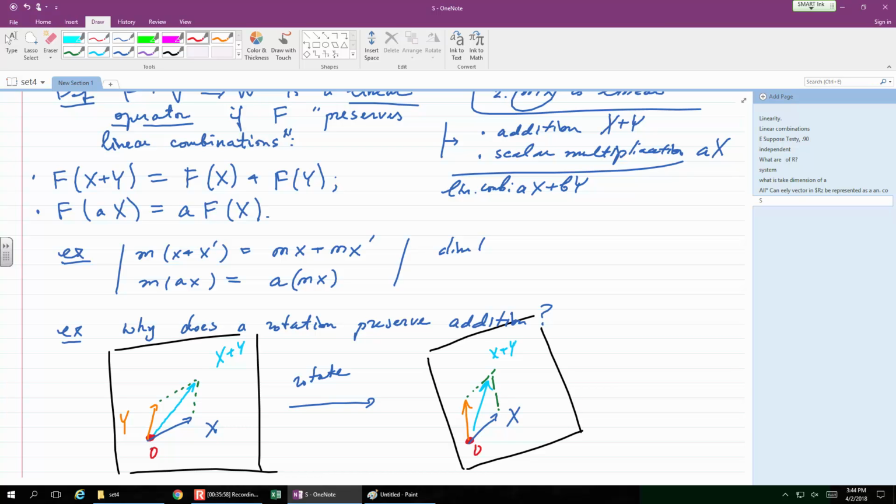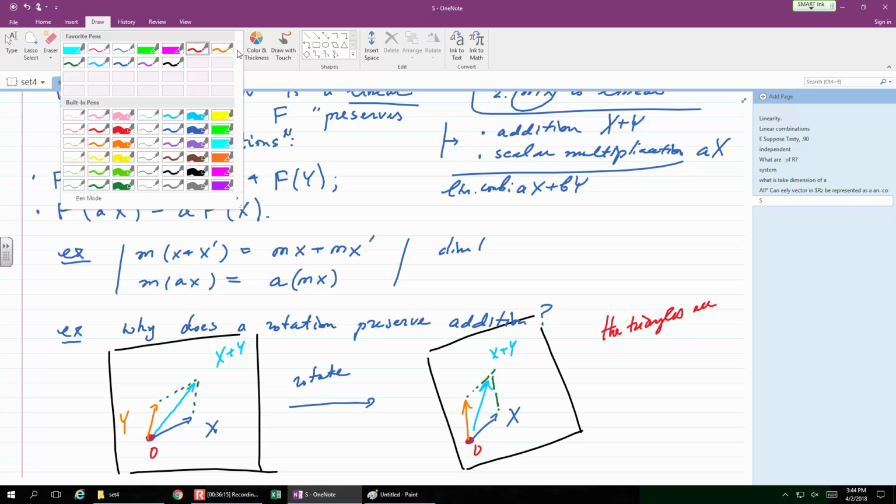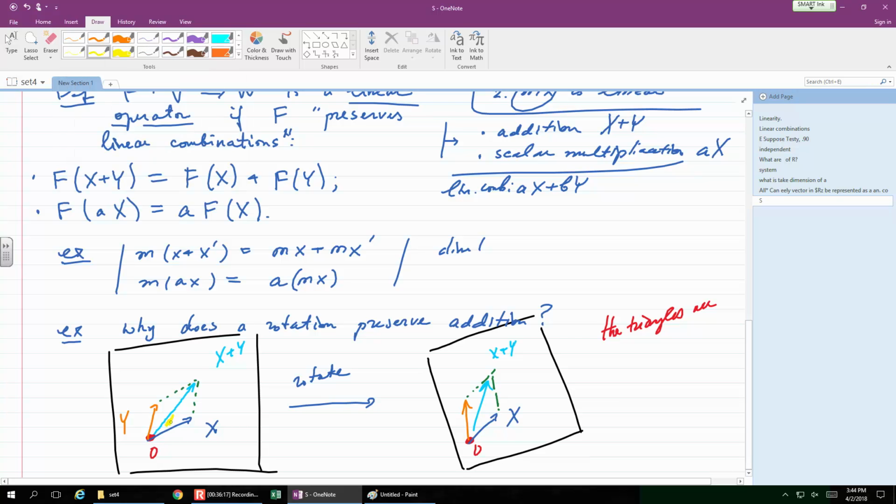What would you say? You would say probably that the triangles are what to each other? How are they related to each other? Say this triangle and that triangle. What do they have in common? Same area.